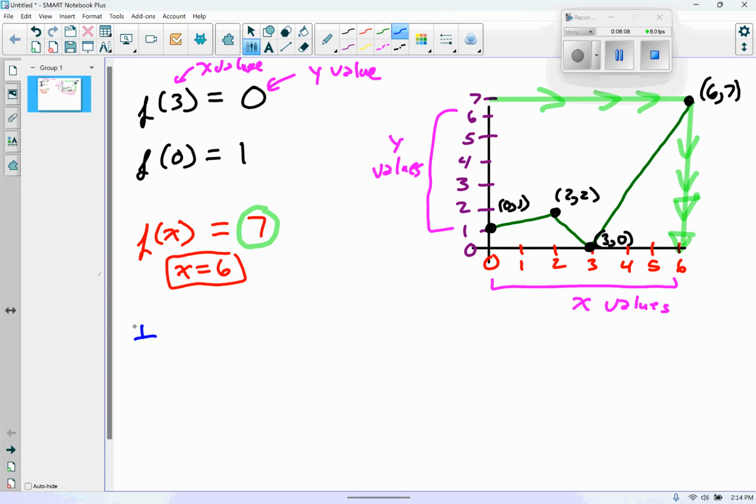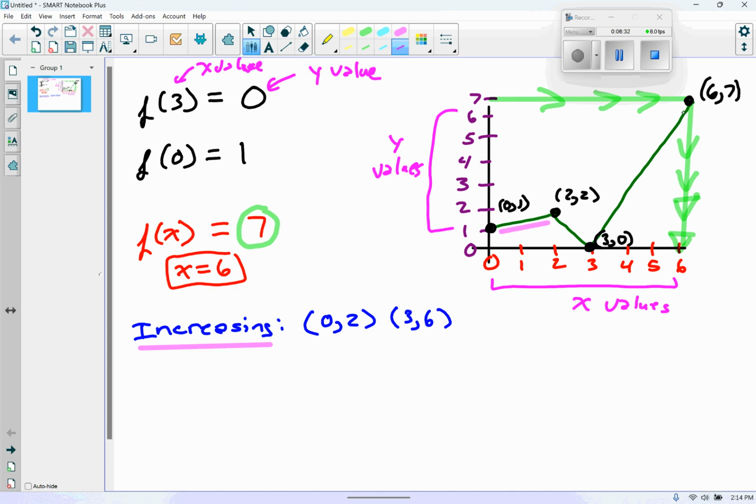Where is this graph increasing? 0 to 2. Any place else? 3 to 6. So notice, I'll do this with a highlighter. So if I want to know where it's increasing, this is increasing, and this is increasing. Agree? So I'm using the x value.